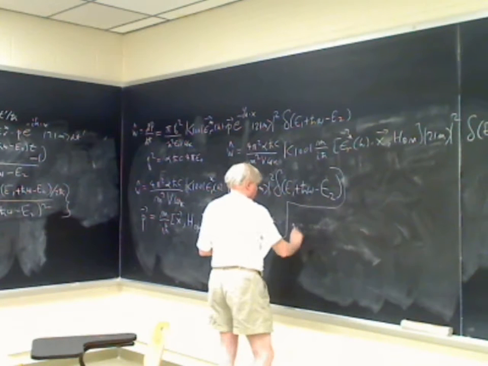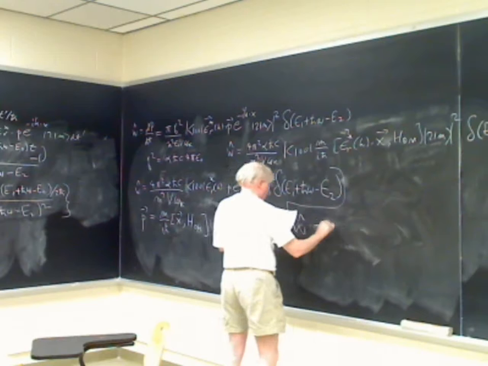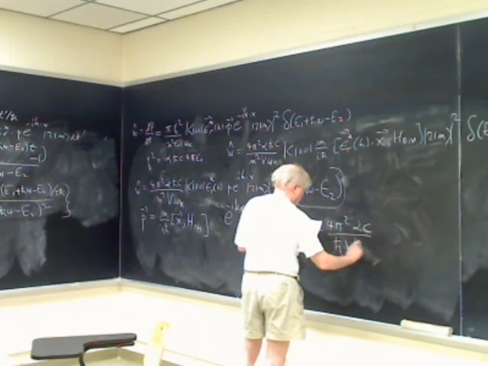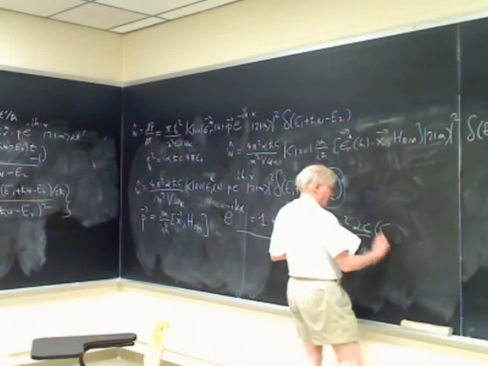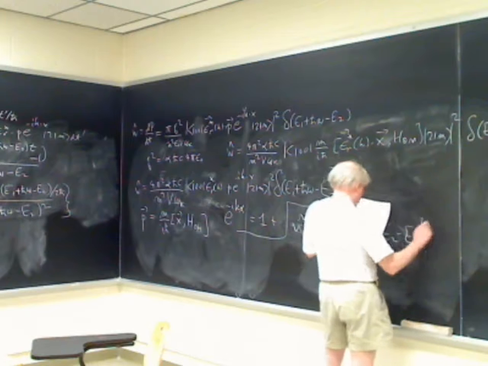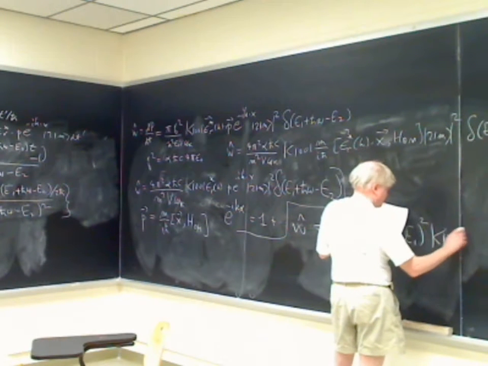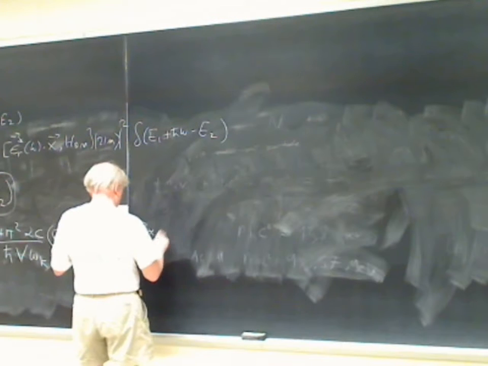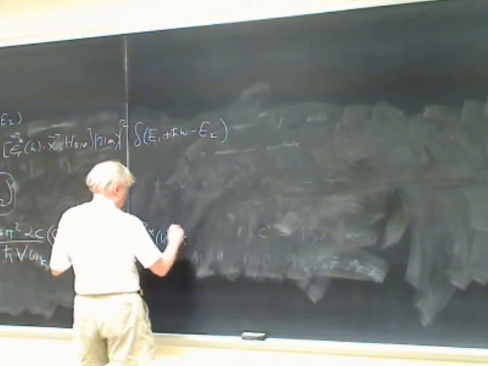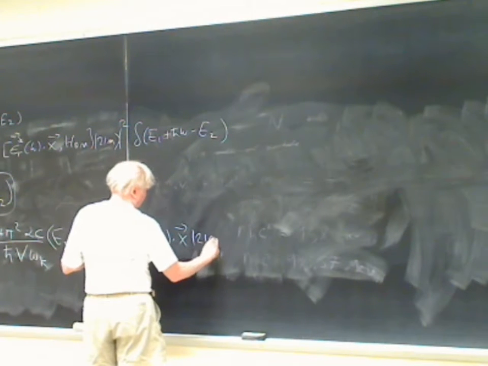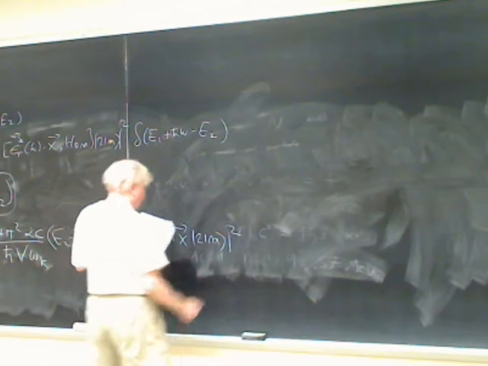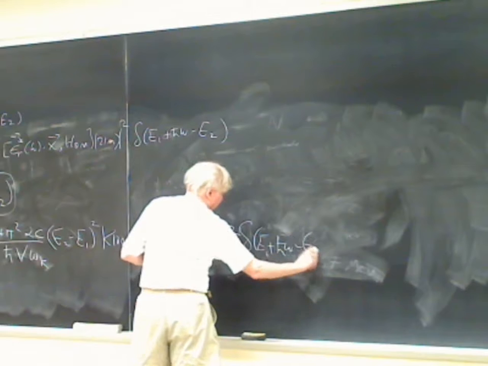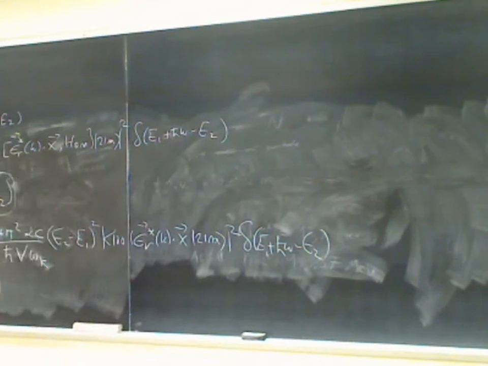And so that tells us then that W hat is 4 pi squared alpha c over h bar v omega k, E2 minus E1 squared, 1, 0, 0 epsilon r star dot x 2, 1m squared, and then delta E1 plus omega minus E2.